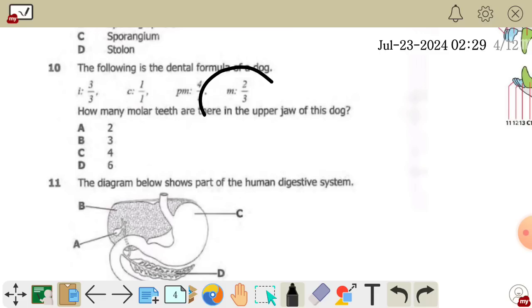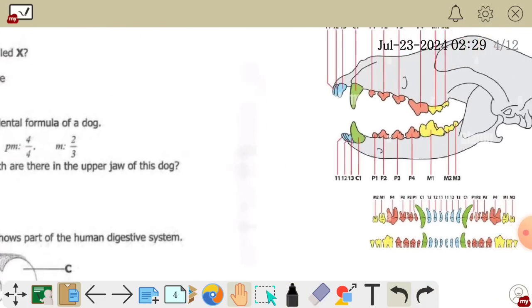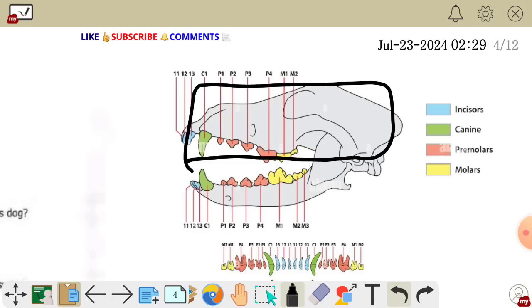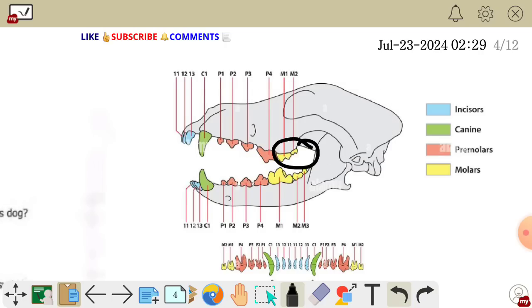Okay, so for us to answer this question, let's look at the dental formula of a dog in this diagram here. This is the upper jaw of a dog. It has 2 molars on the right side, and it also has 2 molar teeth on the other side.